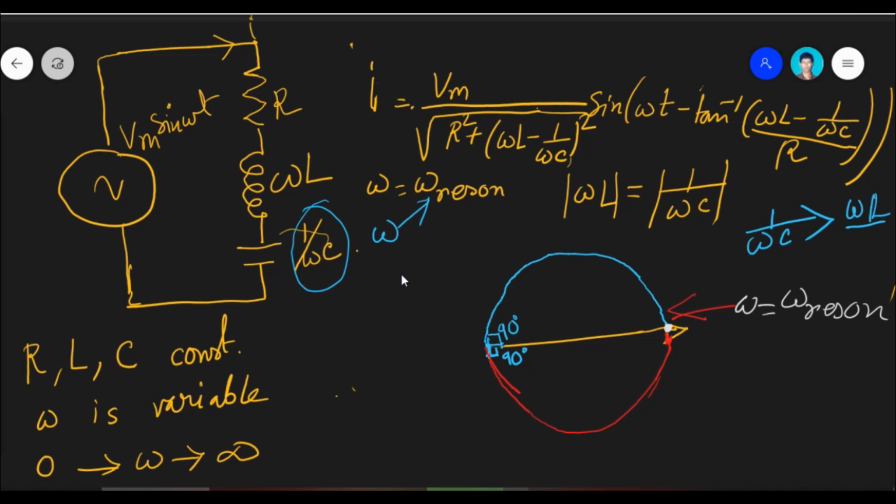Now a few things we should consider. If at any instance I want to measure the power, what is the meaning of this semicircular locus? If I give someone a locus diagram for a given circuit, what information can he or she extract from it?